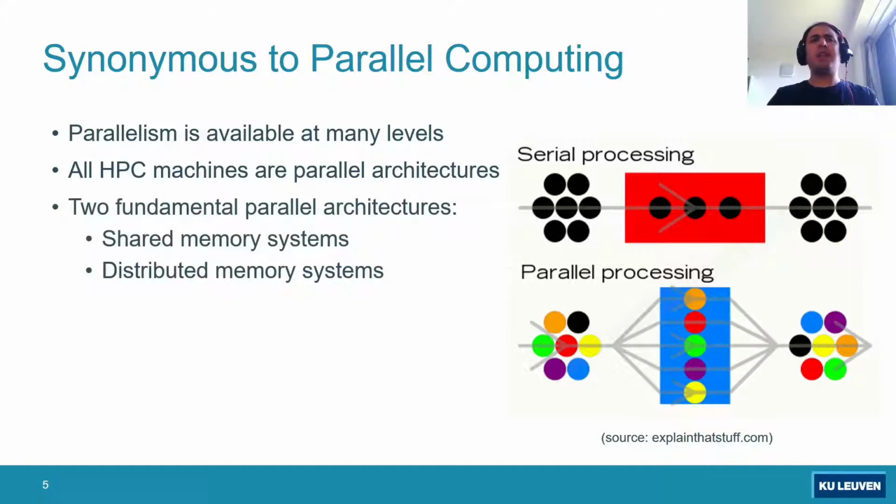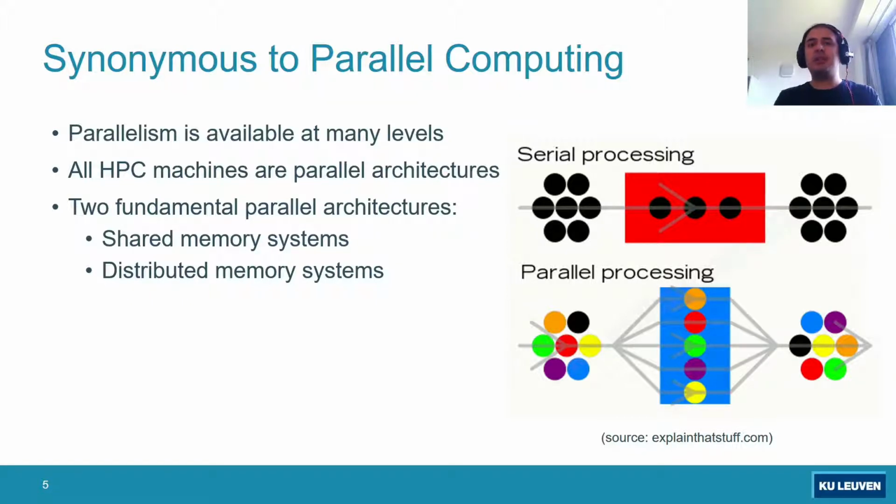And for the fundamental parallel architectures, I don't want to go into jargon, but they are shared memory systems and distributed memory systems. Shared memory systems are like the CPU on your local machine, on your laptop. The different cores have access to the same data because it is in your RAM, your memory.